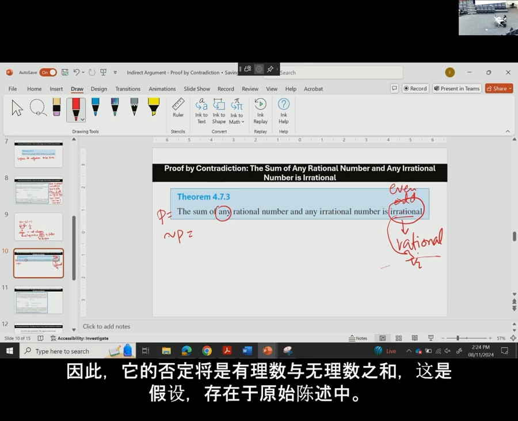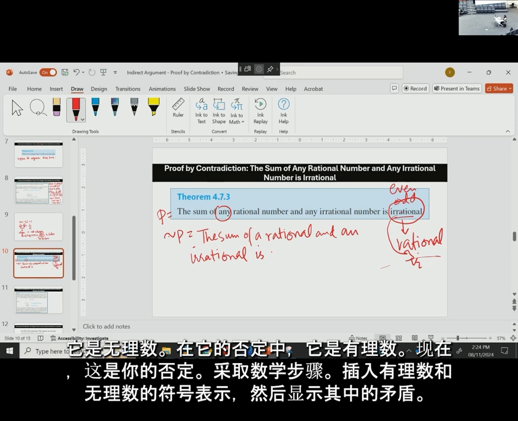So its negation will be that the sum of a rational and an irrational number, this was the hypothesis, is, in the original statement it is irrational, in its negation it will be rational. Now here is your negation.